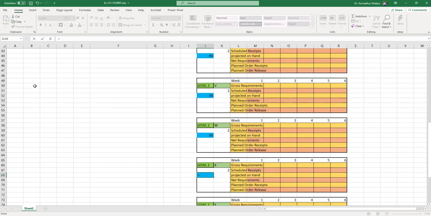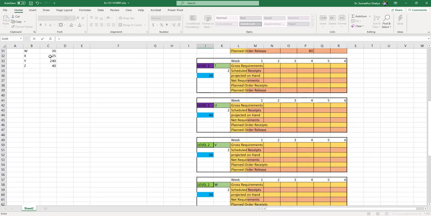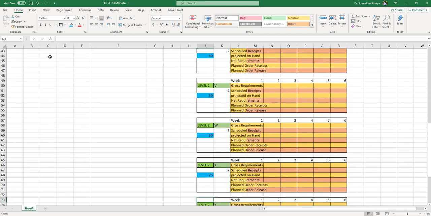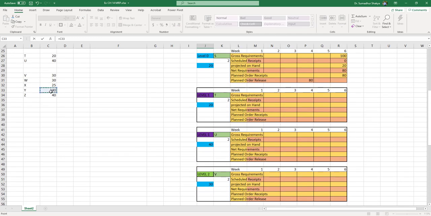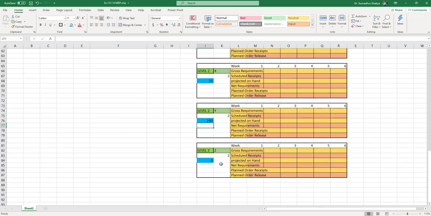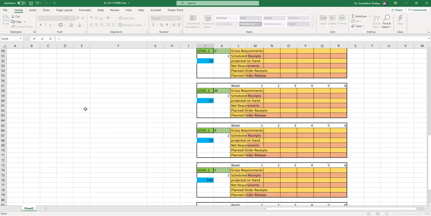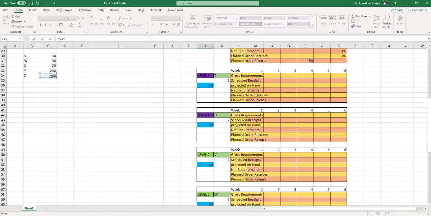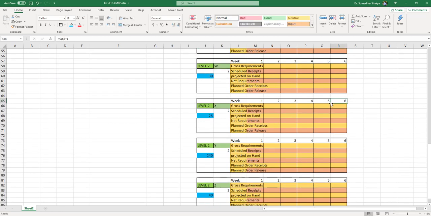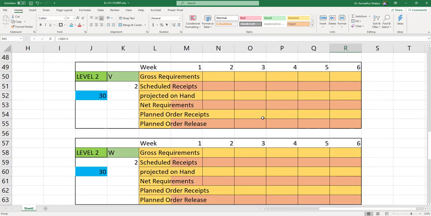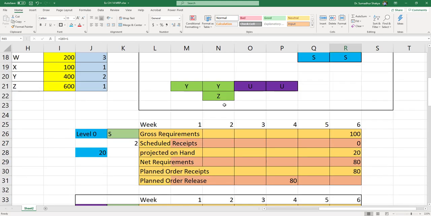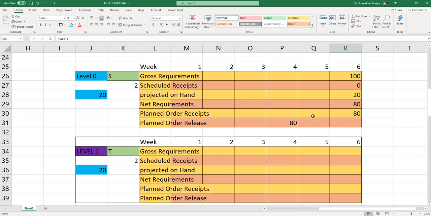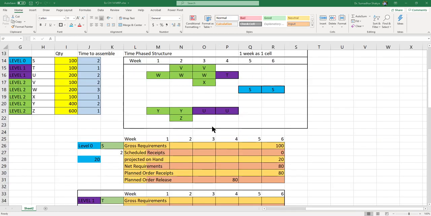For X, it's 25. For Y, it's 240. For Z, it's 40. Now let's look at one thing at a time. So this is where we were. Now we are ready.